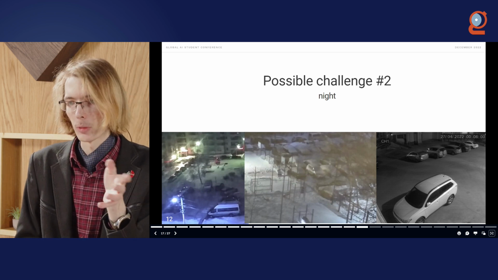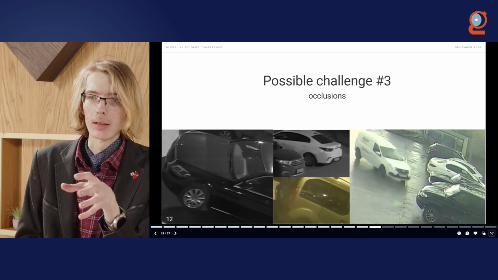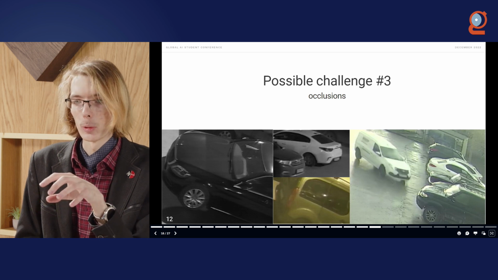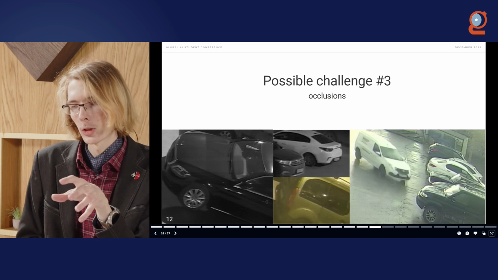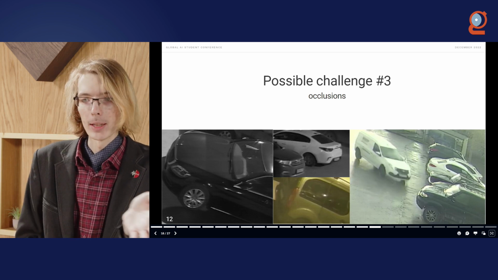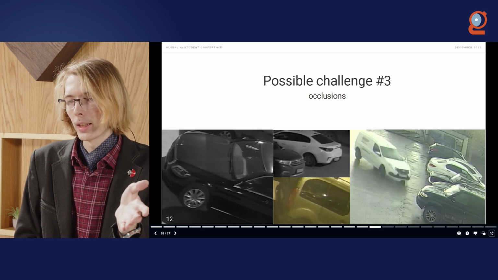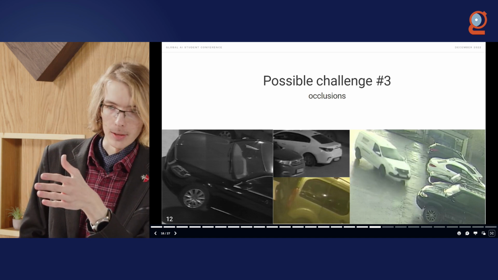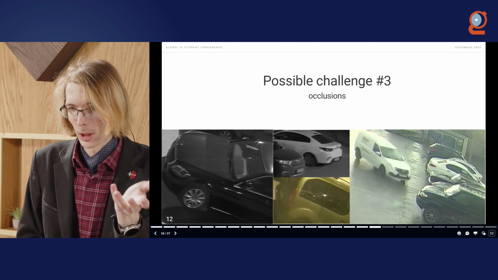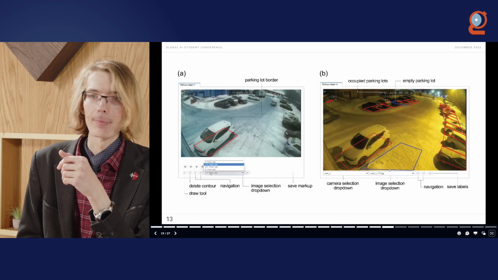There are some images without any annotations and occlusions. Most of the biggest datasets tend to exclude such data, but in the real world, again, we can frequently face such a situation where we need to understand whether some parking lot is empty or not, just as in the right image on this slide.